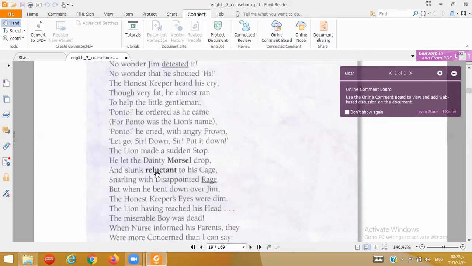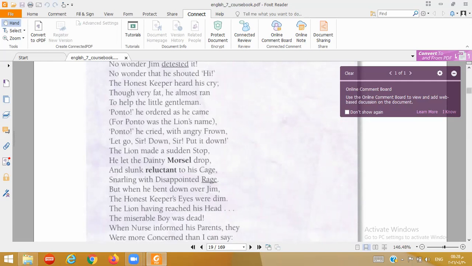He let the dainty morsel drop, and slunk reluctant to his cage, snarling with disappointed rage. But when he bent down over Jem, the honest keeper's eyes were dim, the lion having reached his head. The miserable boy was dead.